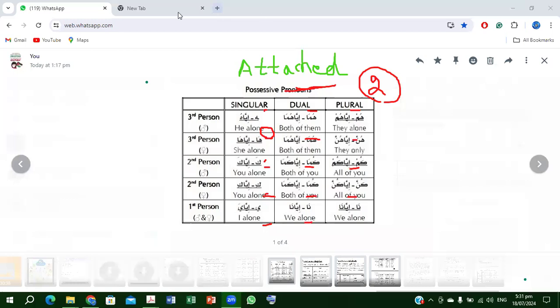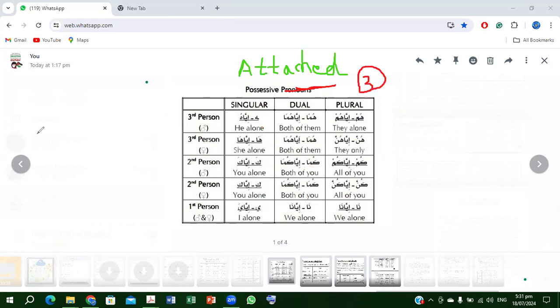Yes, please. Okay, so this is the third case of attached pronoun, right?